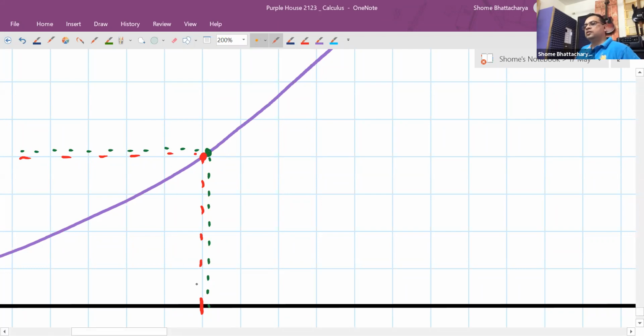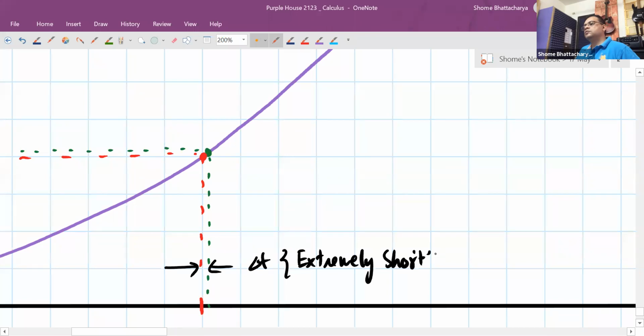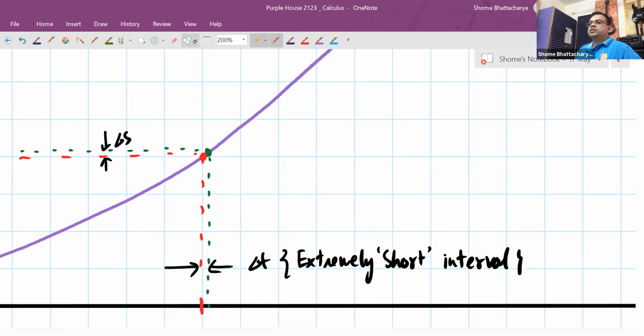So now this is my very short interval of time from here to here, an extremely short interval of time. And correspondingly, this is my delta S.